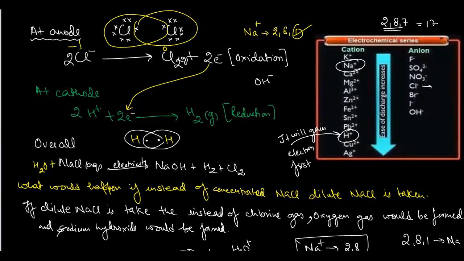Moreover, you can understand here that the plus sign means H plus ion has positive 1 valency, and here there is no charge, so there will be 0. From +1 to 0, it simply indicates that its oxidation state is decreasing, and that's why we say this will be reduction. Okay, got it?